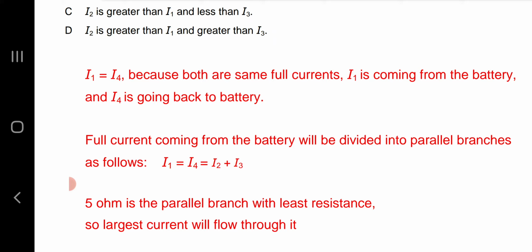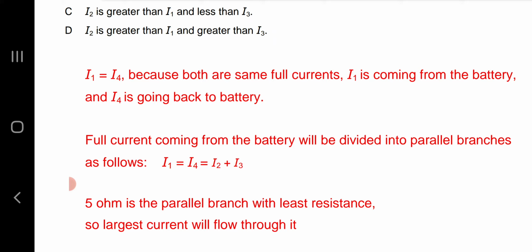The full current coming from the battery will be divided into parallel branches as follows: I1 is equal to I4, and that is equal to I2 plus I3. I2 and I3 are parts, whereas I1 and I4 are whole currents, full currents.